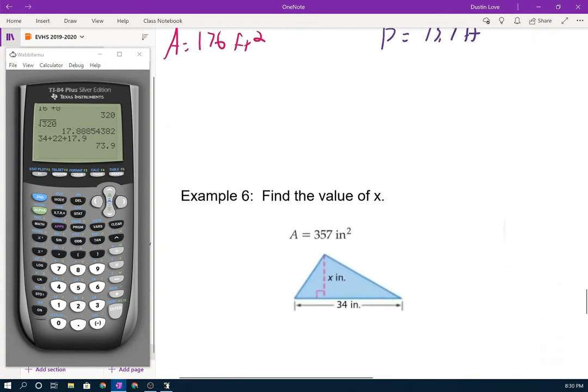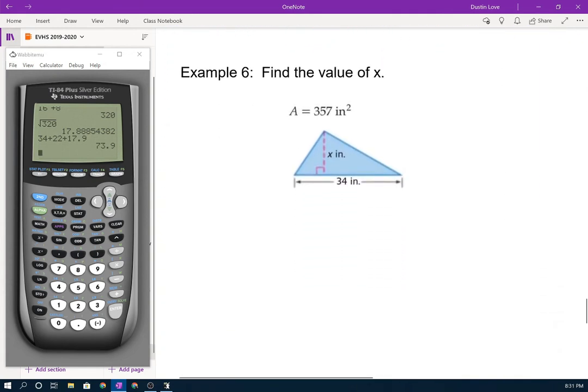Okay, moving on to example 6. In this case, I'm giving you the area and asking you to find x, which is the height. So here's my base. X is the height. Now in this case, we're going to start with the formula. Area equals 1/2 base times height. Now plug in what you know.